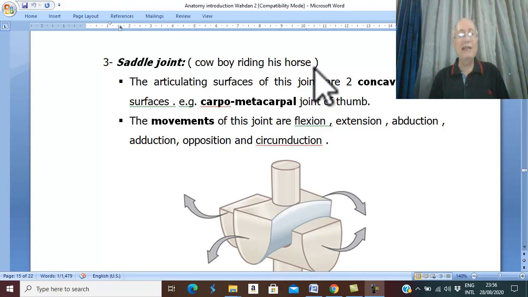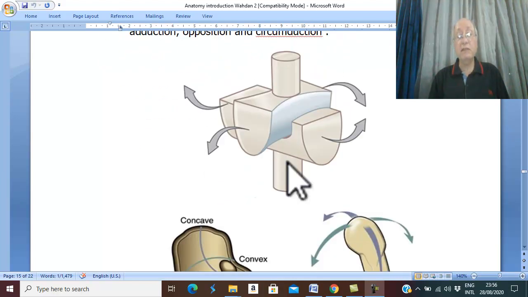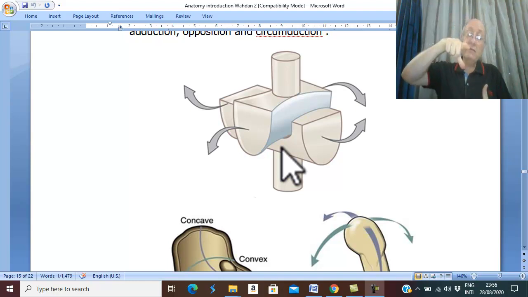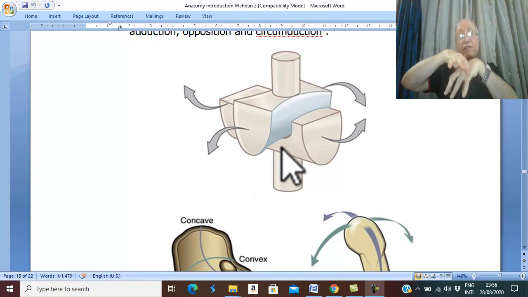Why is it called saddle, like the cowboy riding his horse? Because the two articular surfaces are concavo-convex, and the concavity of one articular surface fits with the convexity of the other articular surface.